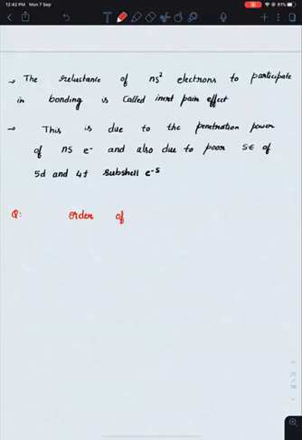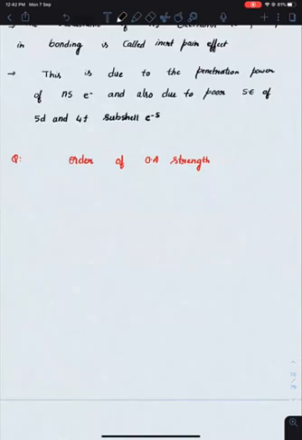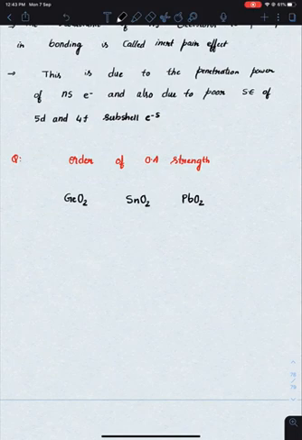Tell me the order of oxidizing agent strength. GeO2, SnO2, PbO2. The order of oxidizing agent strength of these oxides: GeO2, SnO2, PbO2.